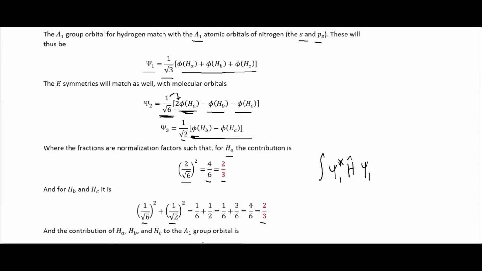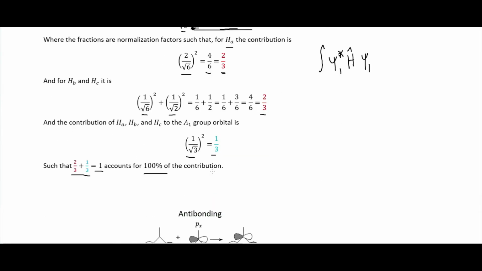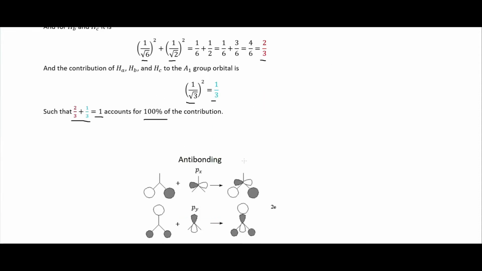Then these 1 over square root of 6, we get that here for the HB and for the HC. So 1 over square root of 2 is here for the HB and for the HC, and these negatives just go away because we're squaring, and so those just become positive, and so that's where all of those come from.